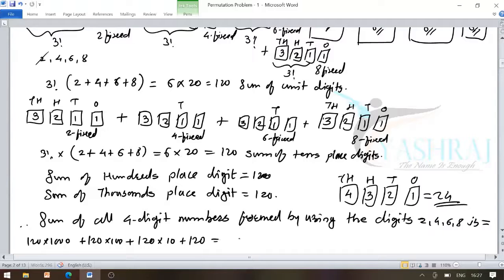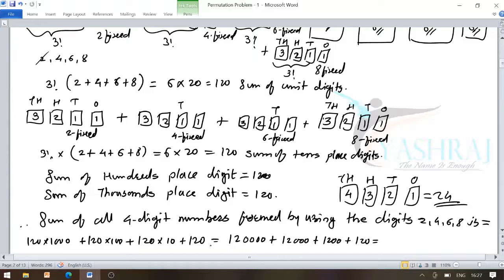We get 1,20,000 plus 12,000 plus 1,200 plus 120. Or you might note down here, 120 should be multiplied with the ones. 120 is the summation of the unit place digit, or the ones place digit, so it should be multiplied with 1.